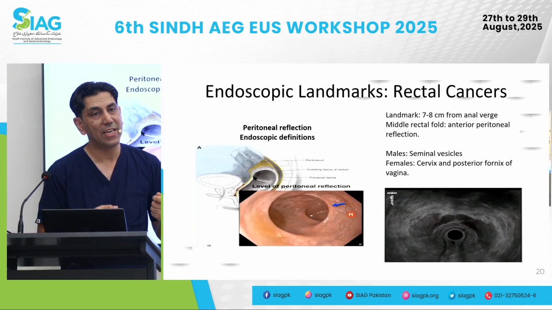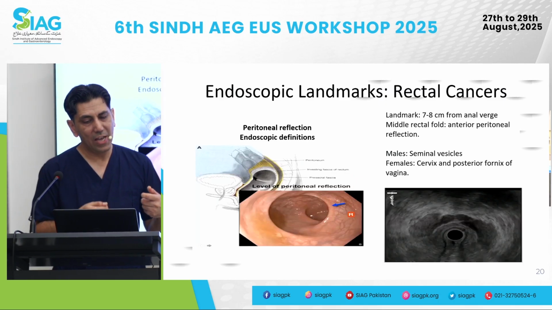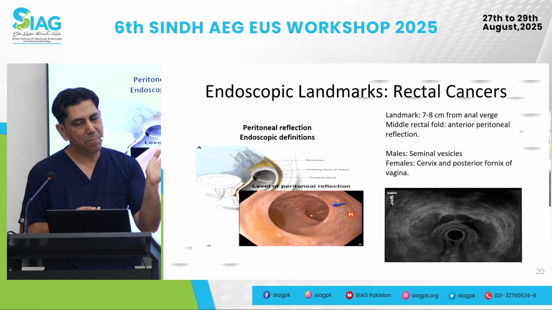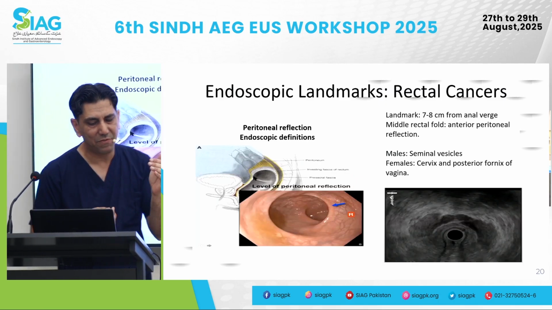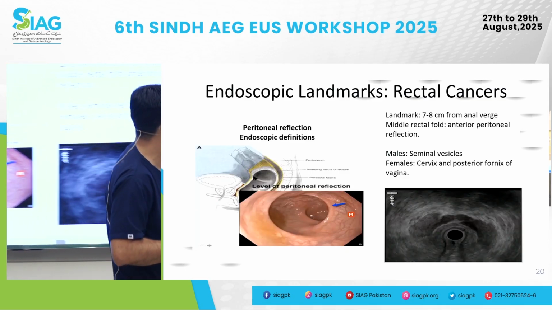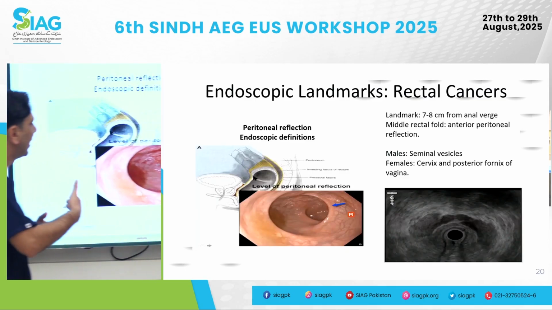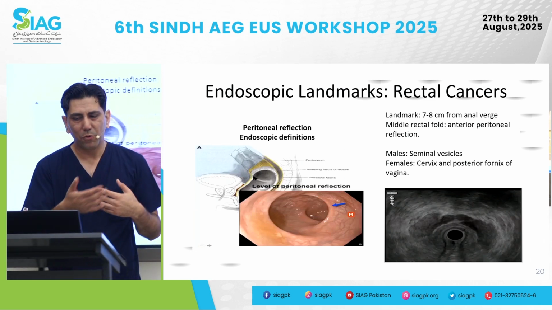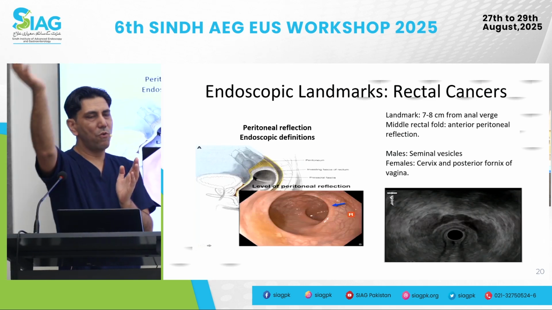Starting off with the endoscopic examination and seeing where this peritoneal reflection is, and how on endoscopic examination we define it. So when you feel the first and the second fold, that's kind of the peritoneal reflection moving away from the rectum.